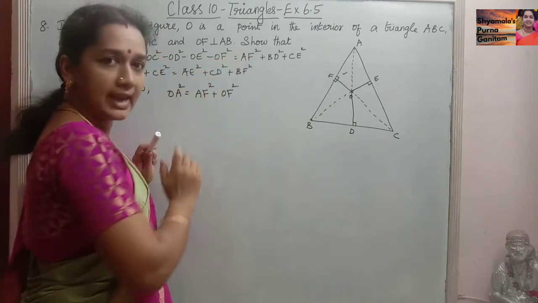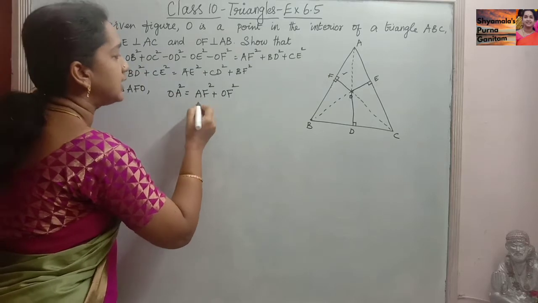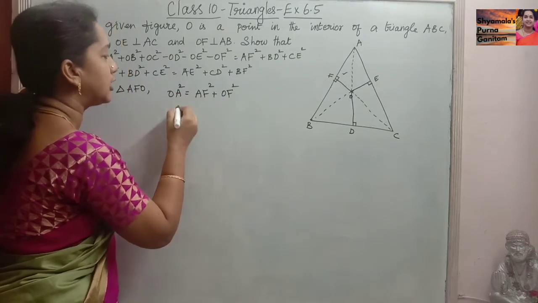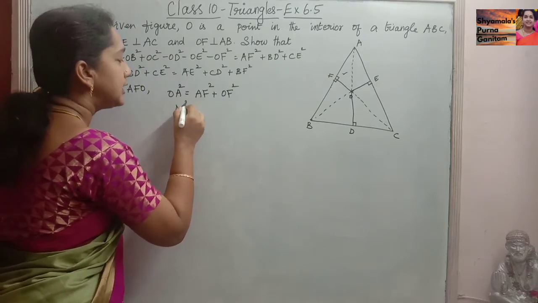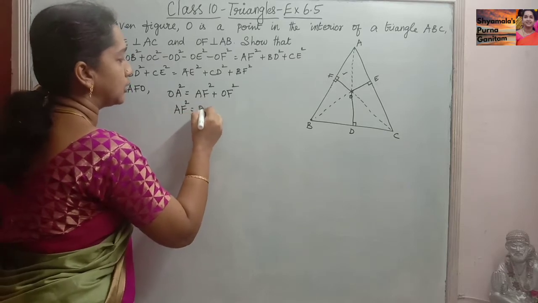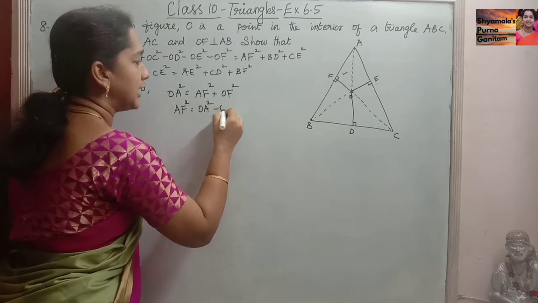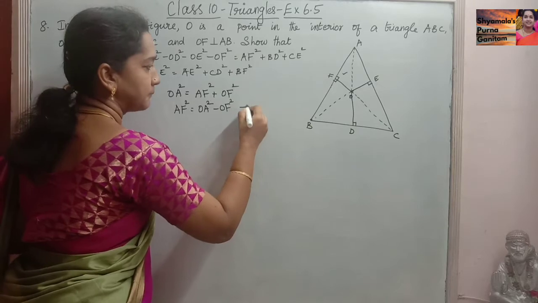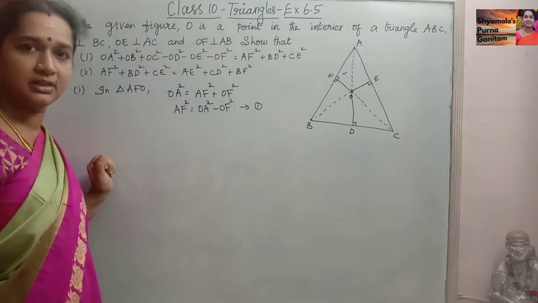This is the Pythagoras theorem. So we need AF squared; we bring OF squared to the other side. So AF squared is equal to OA squared minus OF squared. We will take this as the first equation.